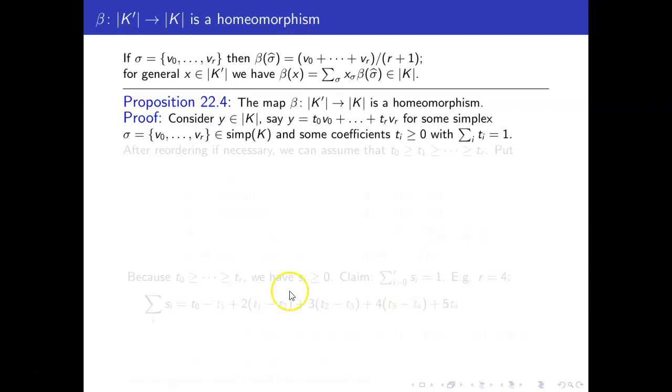Okay, so let's consider a point y over here. For beta to be a homeomorphism, in particular, it has to be surjective. We have to find some x in the realization of K prime that gets mapped to this point y in K. So y we can express as some convex combination of vertices, t0 v0 up to tR vR.